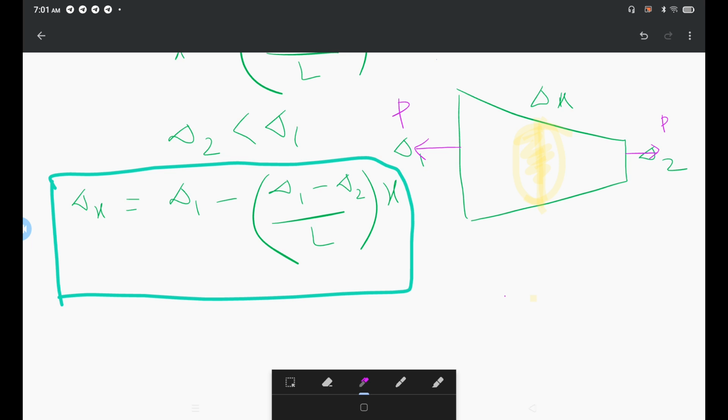Due to that load, some stress will be generated in the left end, in the right end, and also in our elemental strip.